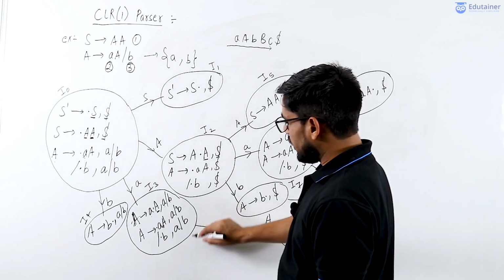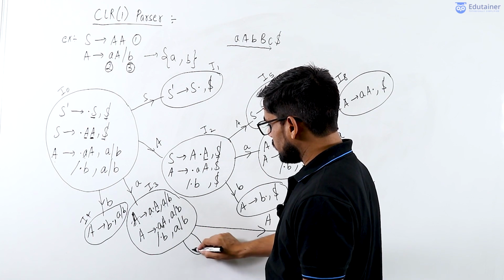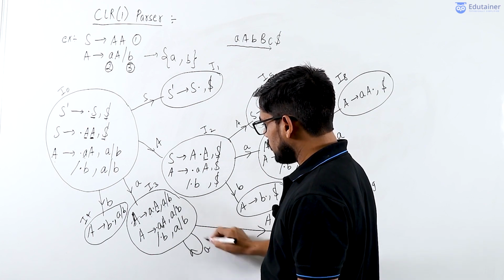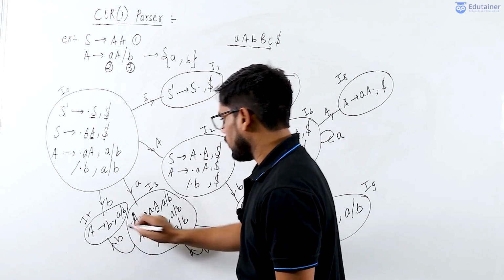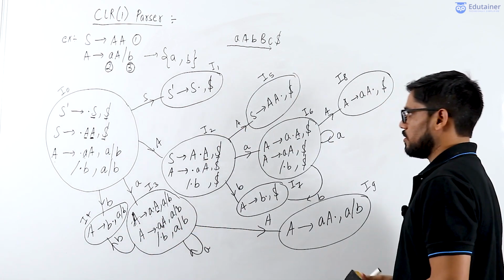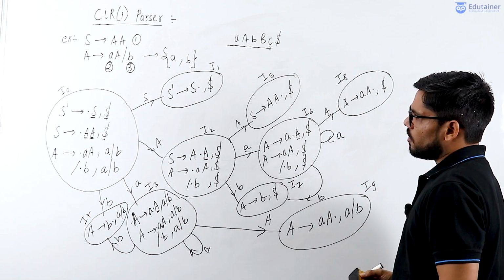And on small a and small b, on small a it will go to the same state, and on small b it will go to state number I4. Okay, so I think I have covered all the states.